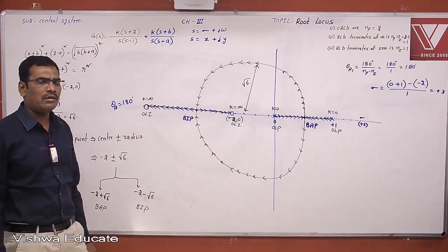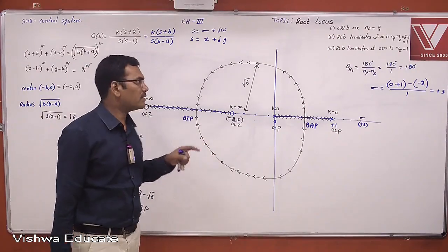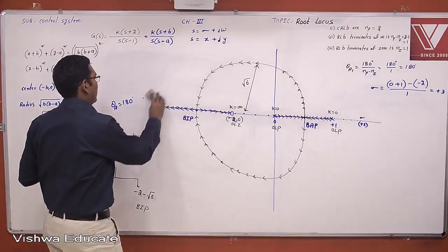Okay, almost all circle root locus diagram shapes will be in the same form. Numerator is B, denominator is A. Okay, like that also you can easily identify.